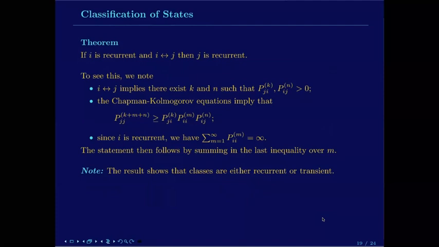We can simply see that if i and j communicate with each other, then there exist k and n step transition probabilities such that the transition from j to i in k steps has a positive probability, and the transition from i to j in n steps has a positive probability.